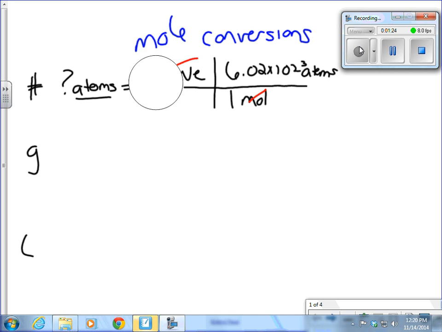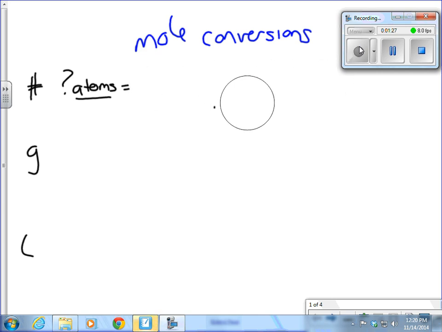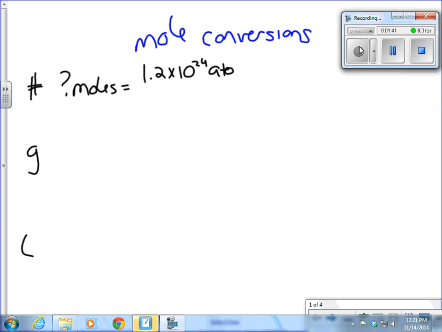Okay? I can also go the other way. I can ask how many moles are in 1.2 times 10 to the 24th atoms. I'm trying to go to moles, so I know that I want to end up with moles on top.